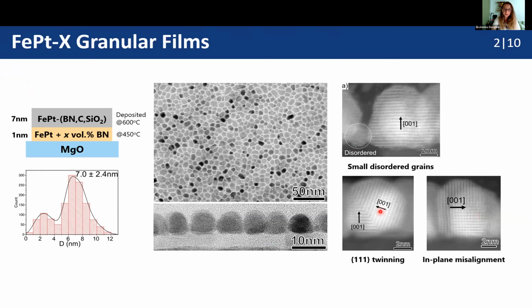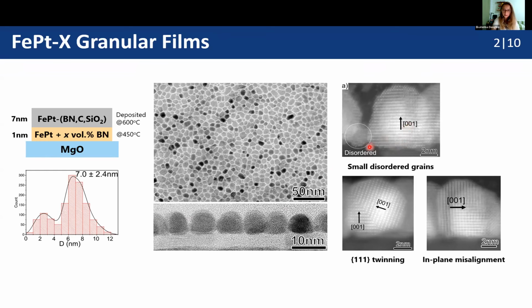So here you can see the transmission electron microscopy images of iron-platinum nanogranular films. The thickness of the main layer of our films was about 7 nanometers, and the same was the mean grain size. Mainly, the easy axis direction is 001 for these films. However, some defects are present.